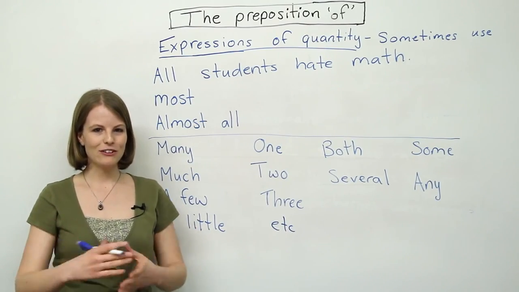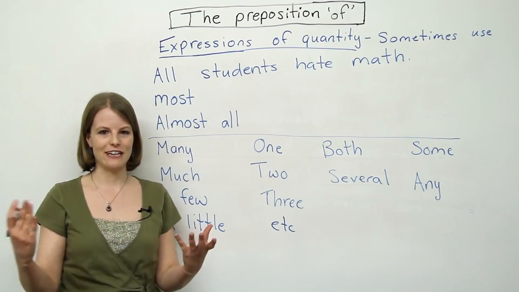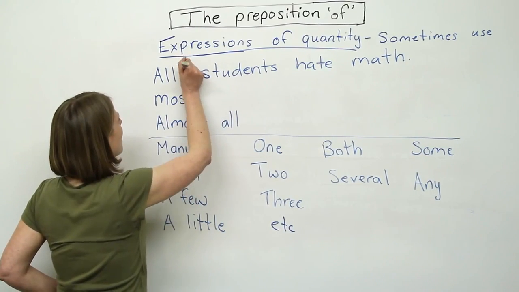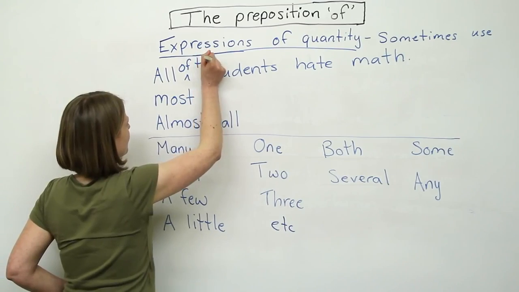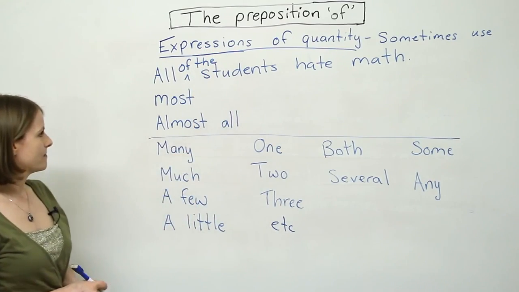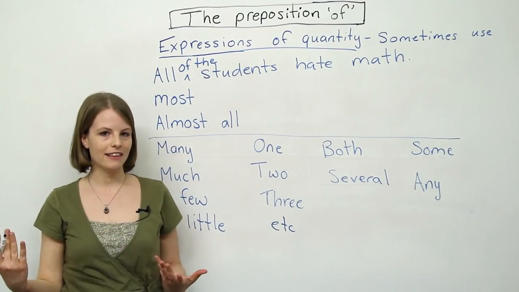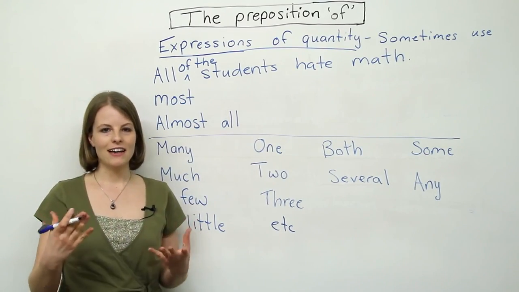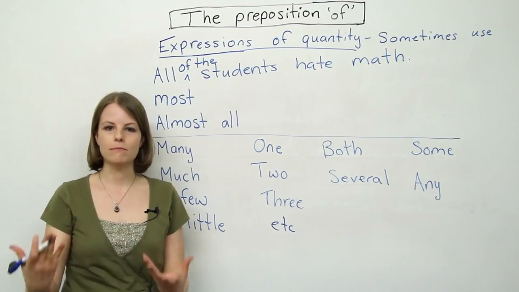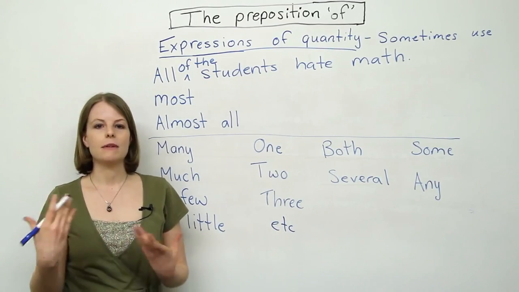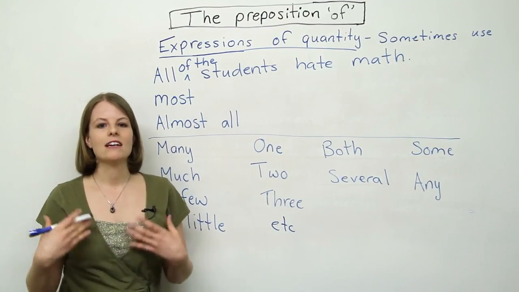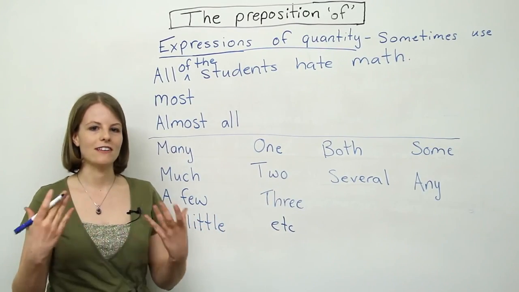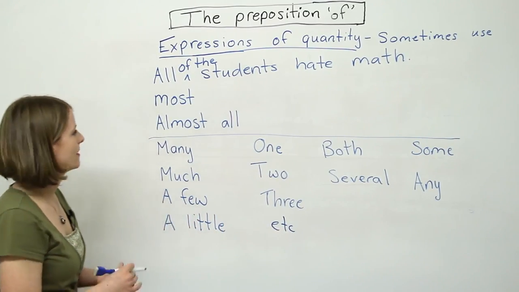I'm talking about students of the world, just a very general statement. Now, if I turn this to all of the students hate math, now I'm talking specific, which means maybe it's a specific group of students I know. Maybe it's students in my class. I'm not talking generally now. I'm talking about a group of students that's specific.